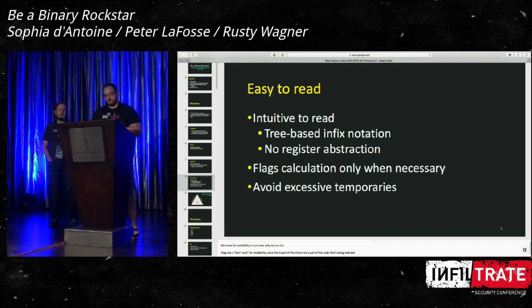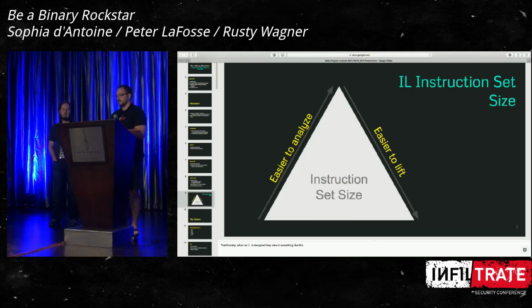So a word about the size of the instruction set. If you have a very, very tiny instruction set in your intermediate language, that's very easy to analyze, but it's more difficult to lift to. So you have this balancing act.